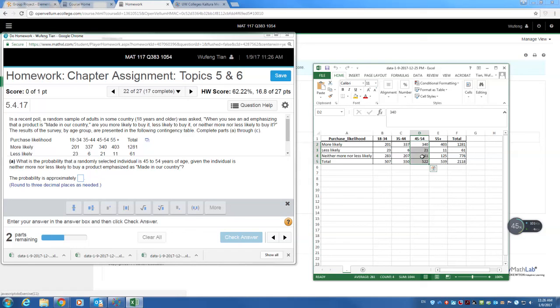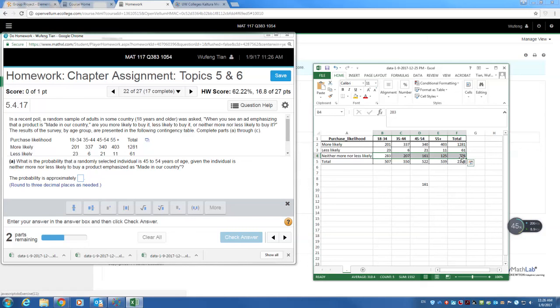So neither more nor less is 161. That's this number divided by the total.